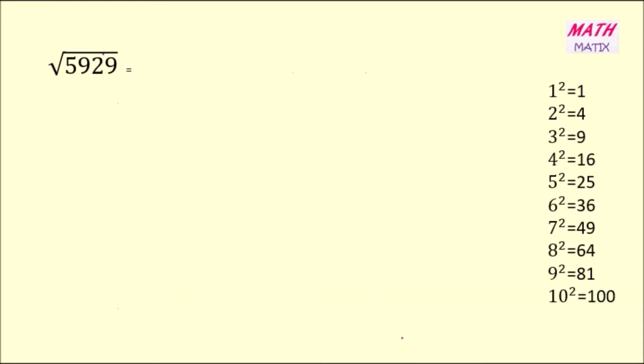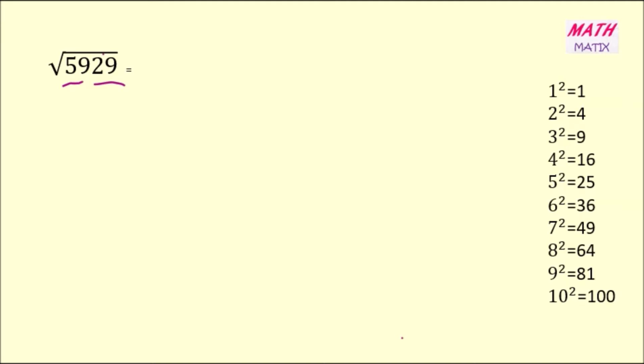First example, square root of 5929. First, we have to pair up this number, that is 29 is one pair and 59 is another pair. There are three steps to find the square root.